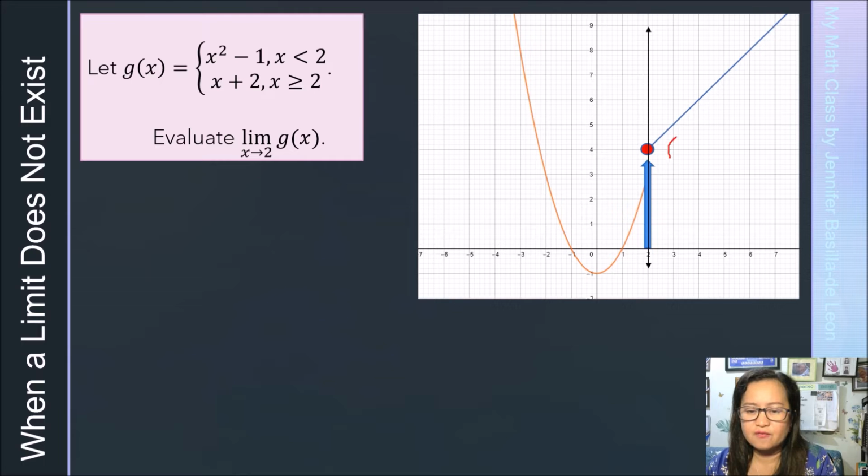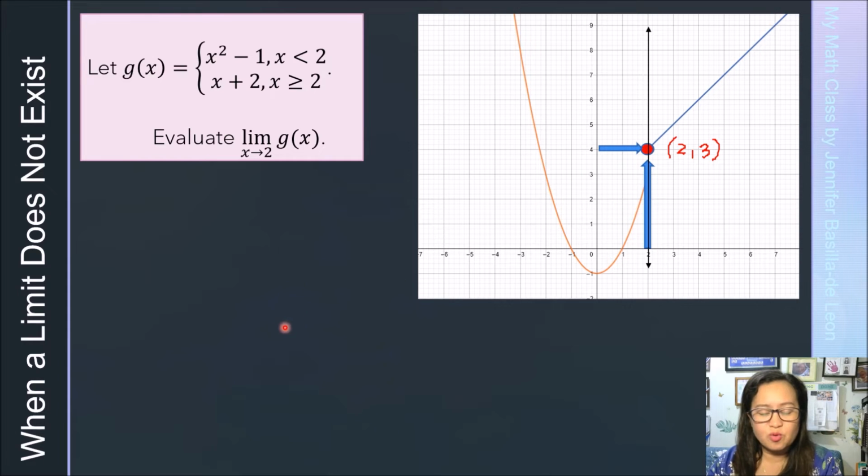We will have 2 and an ordinate of 3. If we trace the graph coming from the right, we would be able to see that as x approaches 2, the value of f of x approaches 3.